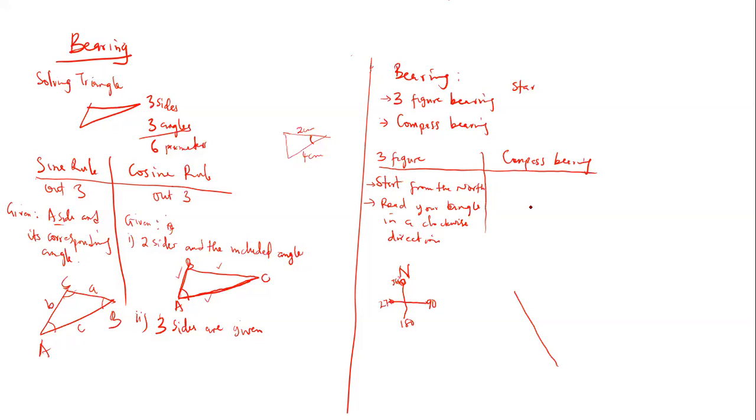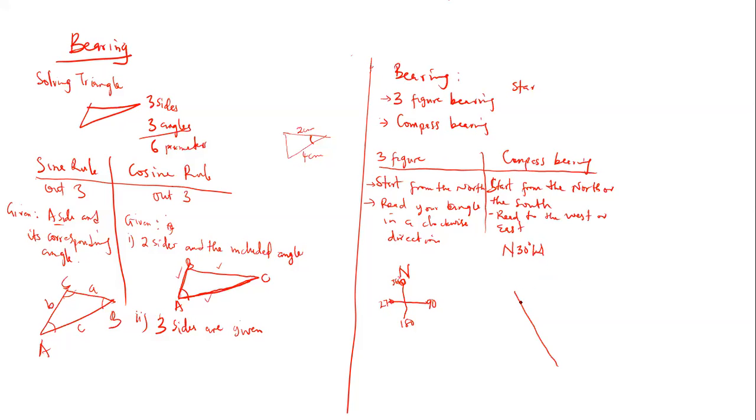Then the second thing is that you read to either the west or the east. For example, we may have 30 degrees west of north.